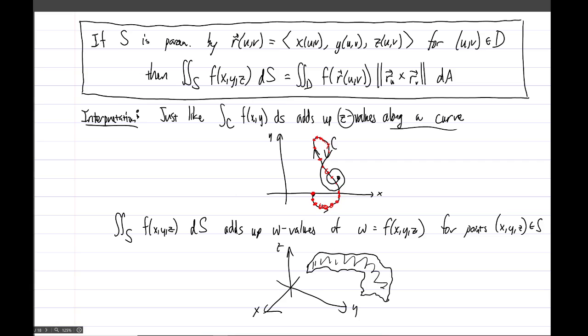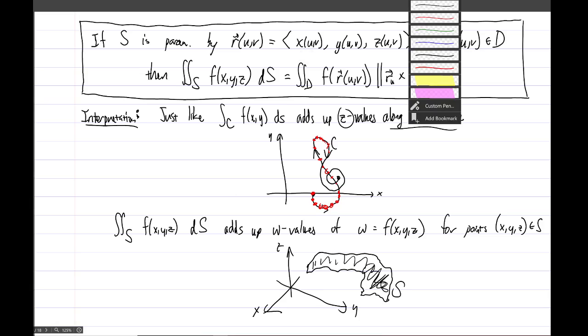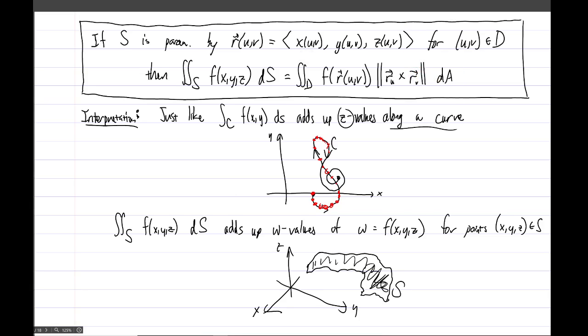So you have this surface here, capital S. Just like a moment ago, where we took each point along the curve and found the output of f, same deal here. It's each point in the surface, whether it's on the boundary or somewhere on the inside, and we would be adding up the outputs of this function f, or the w values.